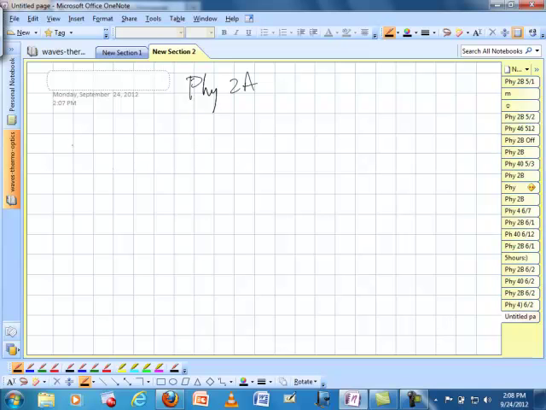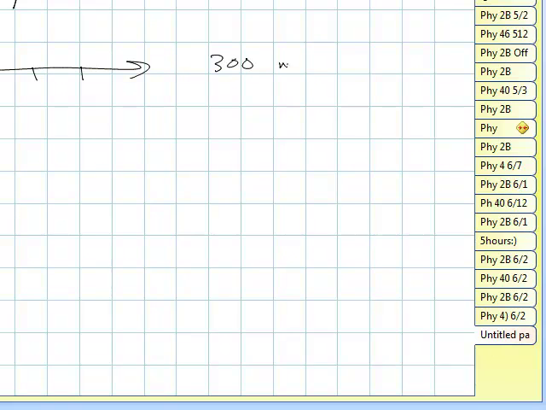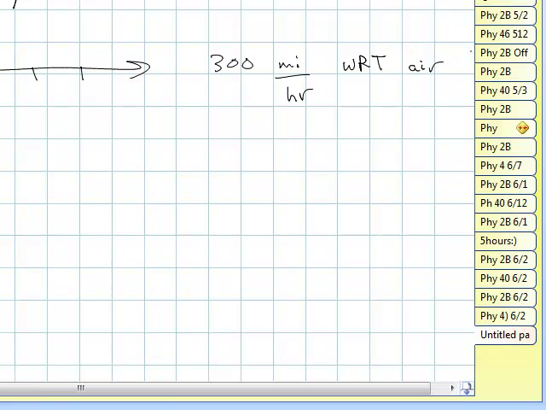So what we've got is an airplane, and it's moving at, let's say, 300 miles per hour, and this is its speed with respect to the air, and it's moving to the right or due east.